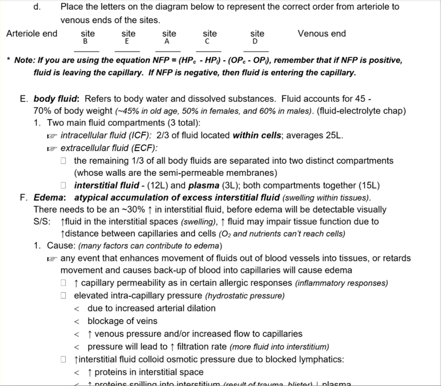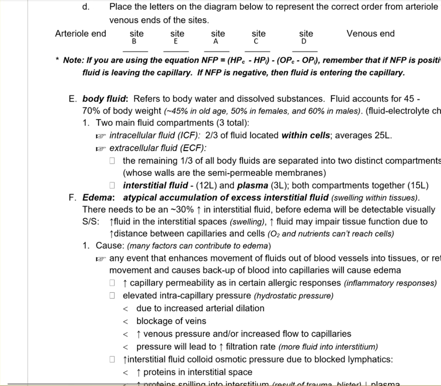There are different places where the fluid lives. So there's intracellular and extracellular fluid. Intracellular literally means inside the cell, right? And extracellular means outside the cell. So intracellular fluid is things that are in the cell. Well, what's inside the cell? This is cytoplasm, right?